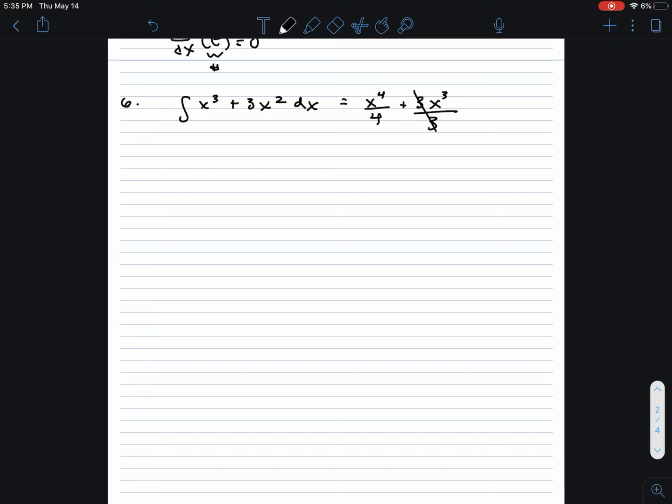Those technically cancel. And then we have to remember to add a plus c because we don't have any bounds, and we haven't been given an initial condition. If we are given an initial condition, then we can solve for what this value of c is.